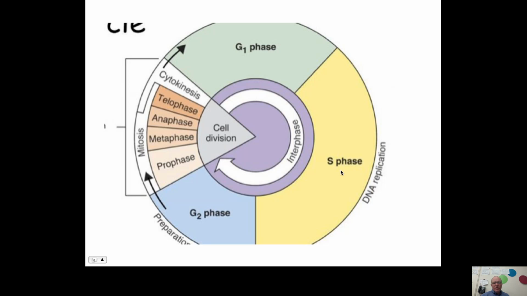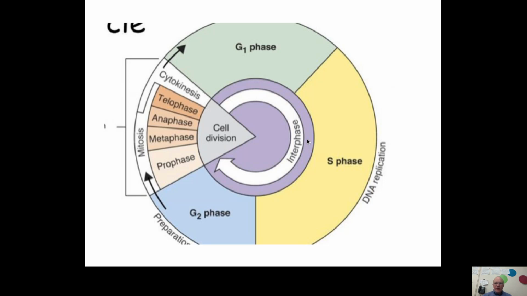created. In human cells, we go from having 46 chromosomes to, during G phase and S phase, that number doubles to 92. Remember, we have two sets of chromosomes in each one of our cells, one set for mom, one set for dad.